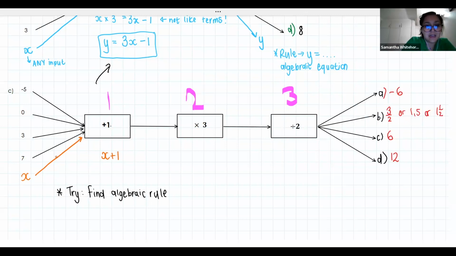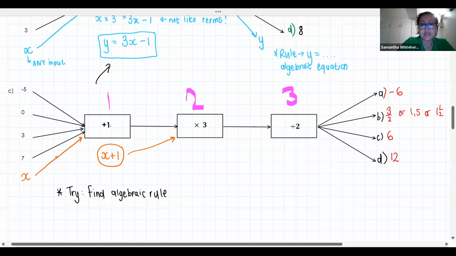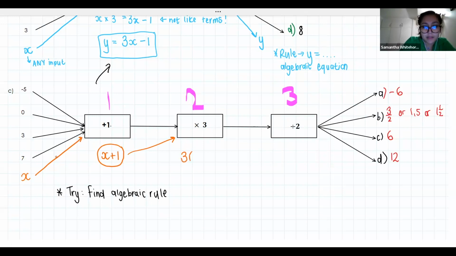The next thing that I need to do is take that x plus 1 and times it by 3. Now remember, one way to represent that is with a bracket. So we're saying 3 times whatever x plus 1 is. So again, whatever that answer of x plus 1 is, we're timesing it by 3.